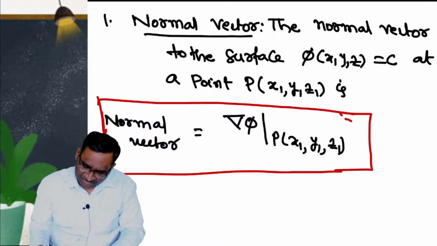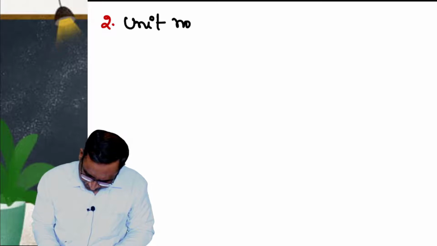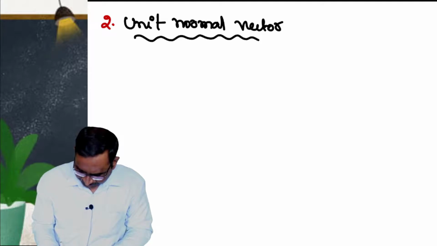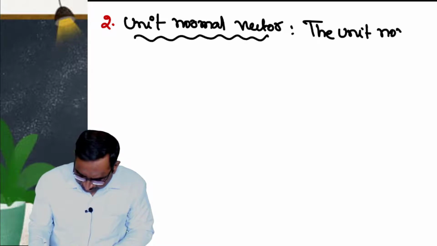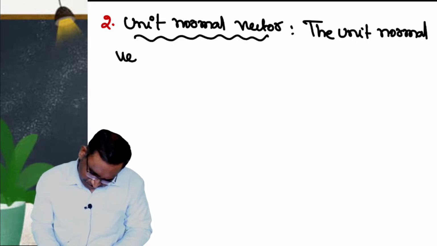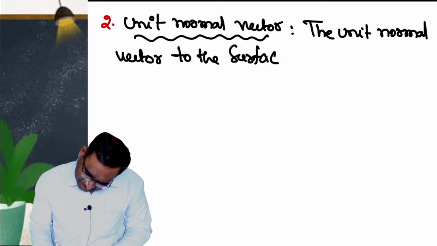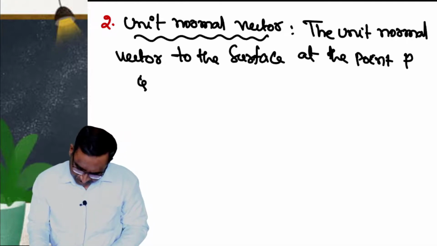This is the first definition. The second definition, the unit normal vector to the surface at the point P is del phi.